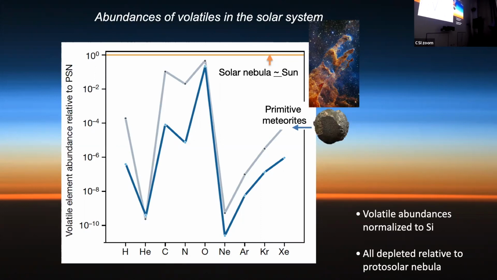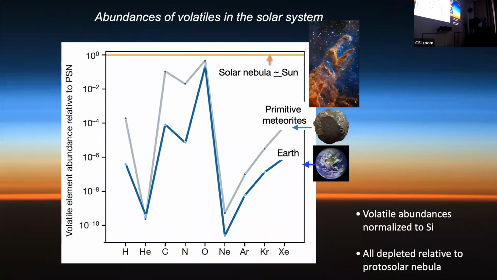Primitive meteorites, I shall come back to this, and also the bulk composition of the Earth for some of these volatile elements: helium, carbon, nitrogen, oxygen, and noble gases.